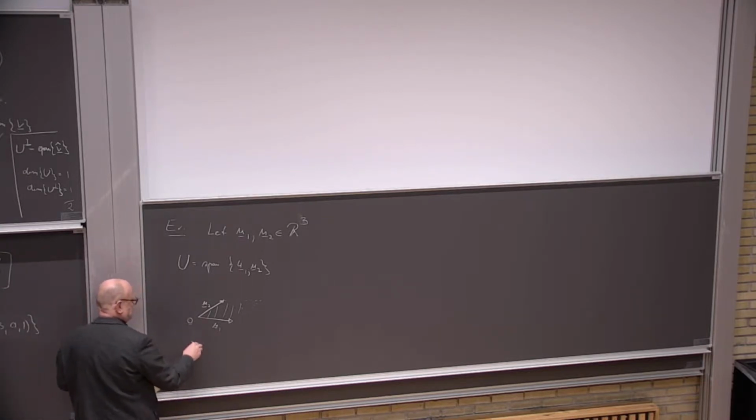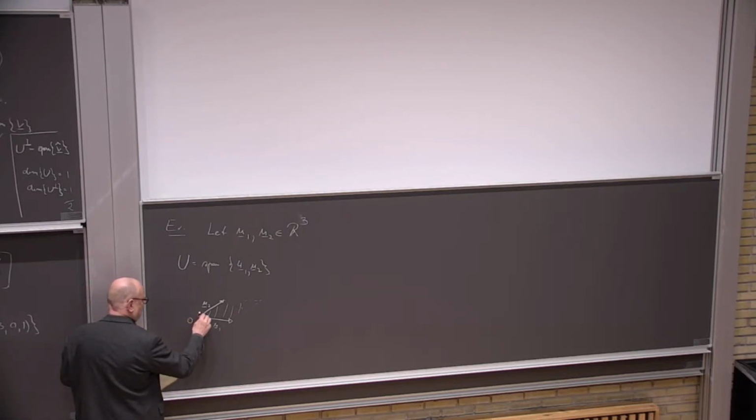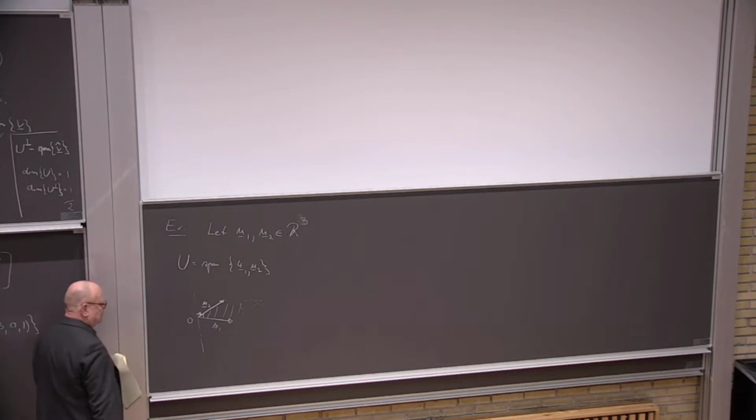Again, we're considering the origin. And the orthogonal complement will then be a line that is perpendicular to this plane. So it will be perpendicular to that vector, or like this, I should draw it. And then it will be perpendicular to that vector.